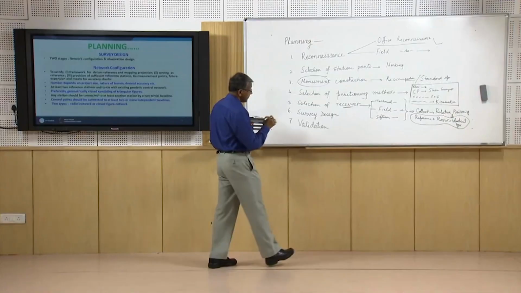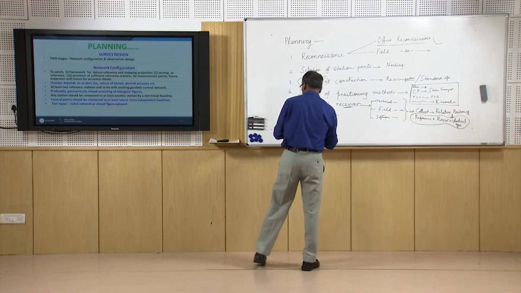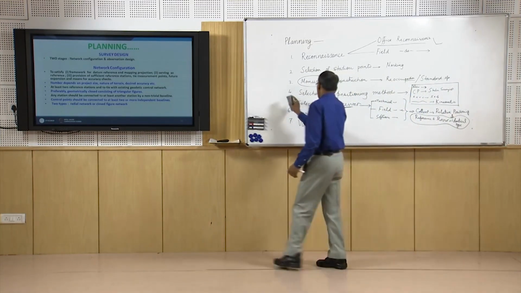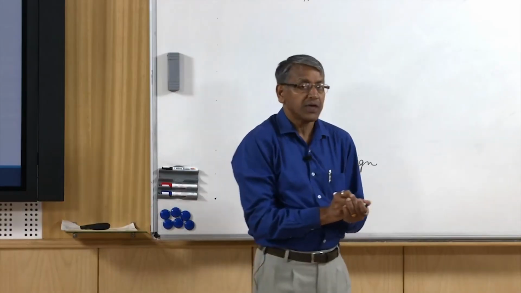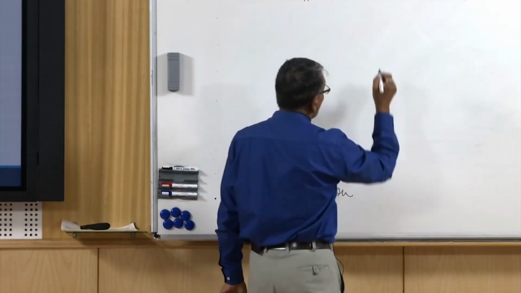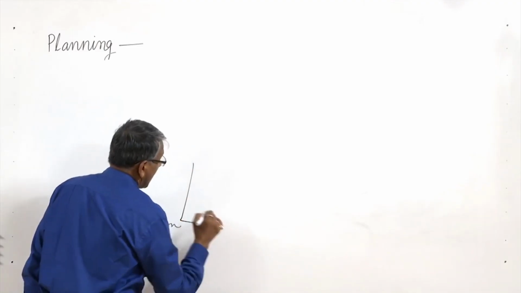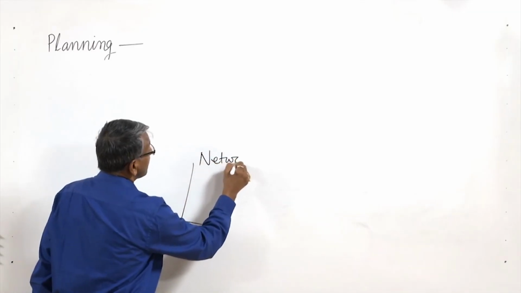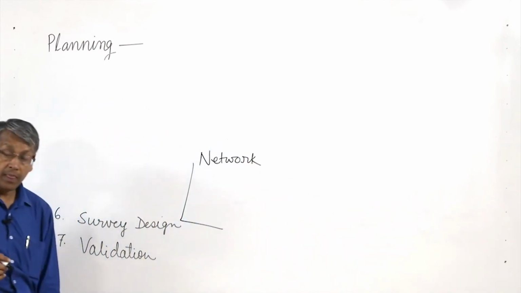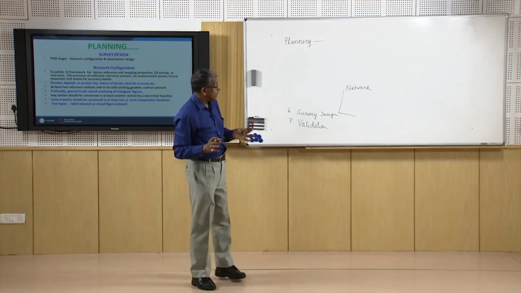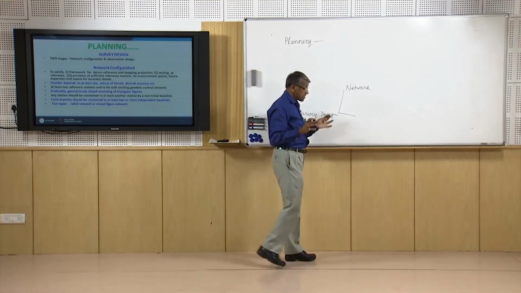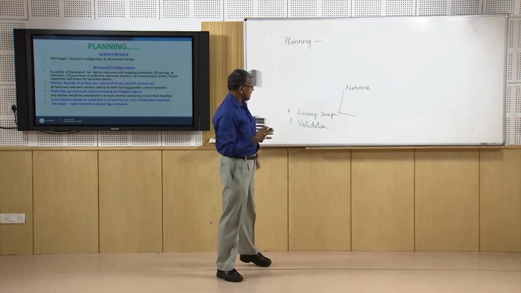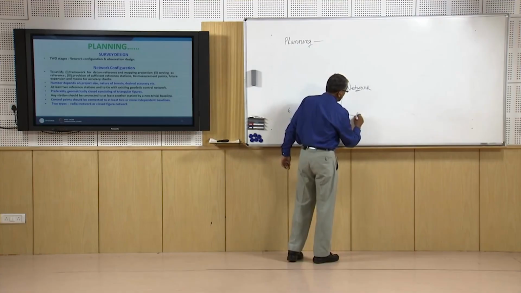Next, survey design. Actually, before we go for actual validation, we also need to design our survey work. Now, in case of GPS surveying, the survey design consists of 2 parts. One is to develop the network of stations, how the different stations have to be placed in the project area, and that is called network and observation design.